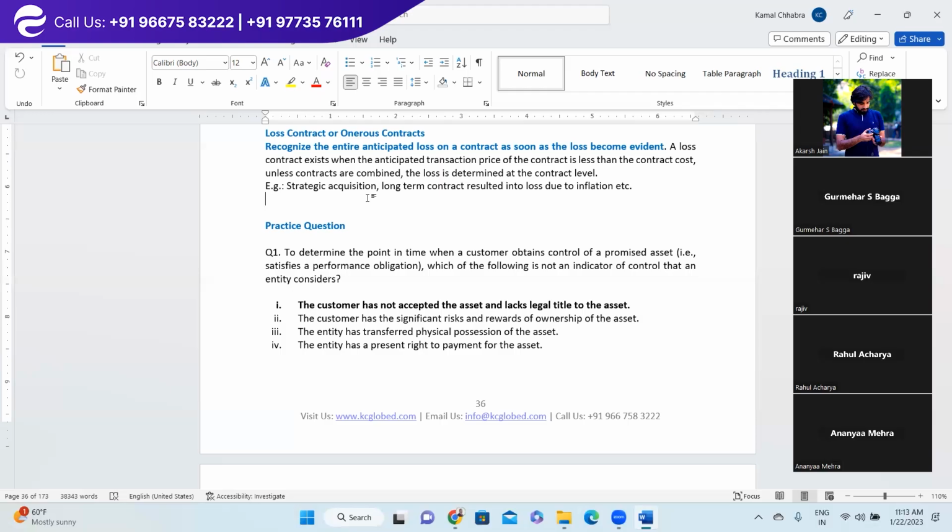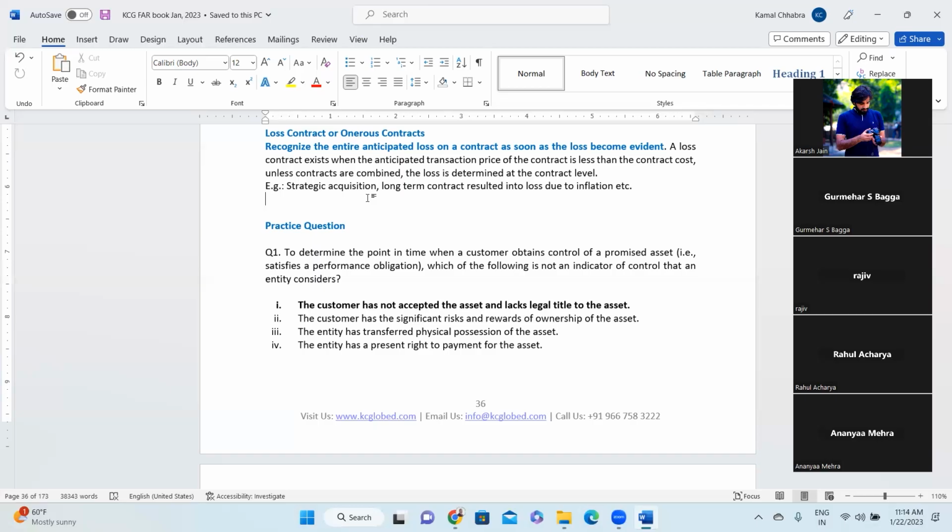But if the loss is on a strategic move, as I was sharing with you, then you need to evaluate the other contracts which are compensating that loss. And if that loss is still bigger than the other compensation or benefit you are receiving, then to that extent you need to book the loss. Are you getting what I'm saying?